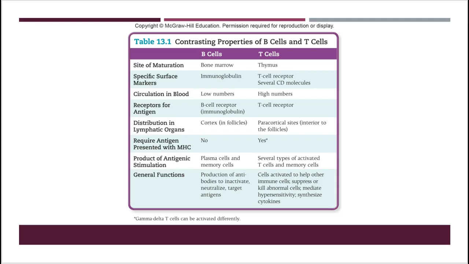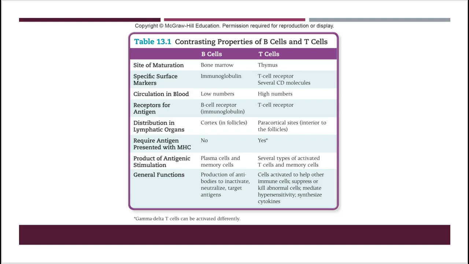They also possess different surface markers. So B cells possess immunoglobulin, that's the antigen receptor. T cells possess the T cell receptor, and then other T cells also possess different CD molecules, either CD4 or CD8 or CD3.